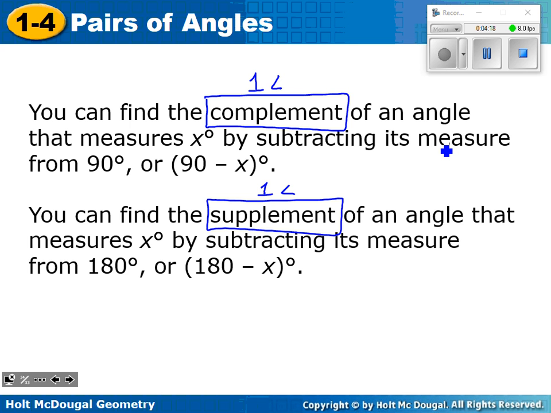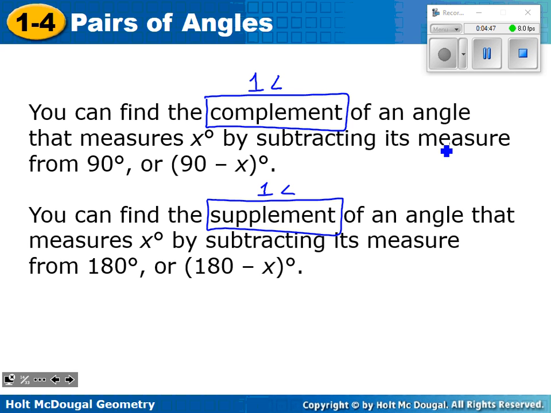The complement is an angle that adds to another angle so that together they equal 90 degrees. In other words, let's say I have a 20-degree angle. What would I need to add to 20 to be 90? 70. You guys with me there? So if I say I have a 20-degree angle, 70 would be its complement. It's the value that adds to it to make it 90.